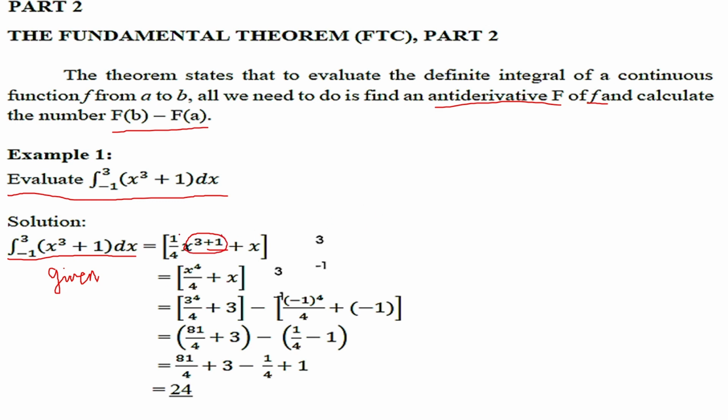So this 1/4 shows you how to get x raised to 4 over 4. So in here, 1/4 x raised to 3 plus 1. It prolongs, but then it will just give you x raised to 4 over 4. And then plus x, because you integrate 1 dx, so it will be x.